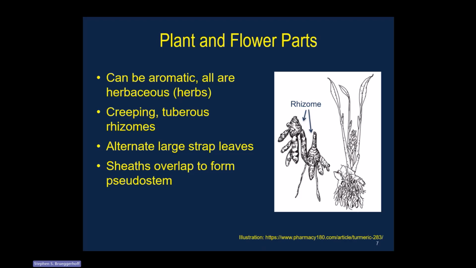They produce alternate large strap leaves, and when the leaves are emerging, the sheaths overlap to form a pseudostem. So they don't produce an actual woody stem that we're used to, like in a tree or a shrub. They'll produce what's called a pseudostem. So that basically is just herbaceous vegetative tissue that's overlapping each other and creates this structure.